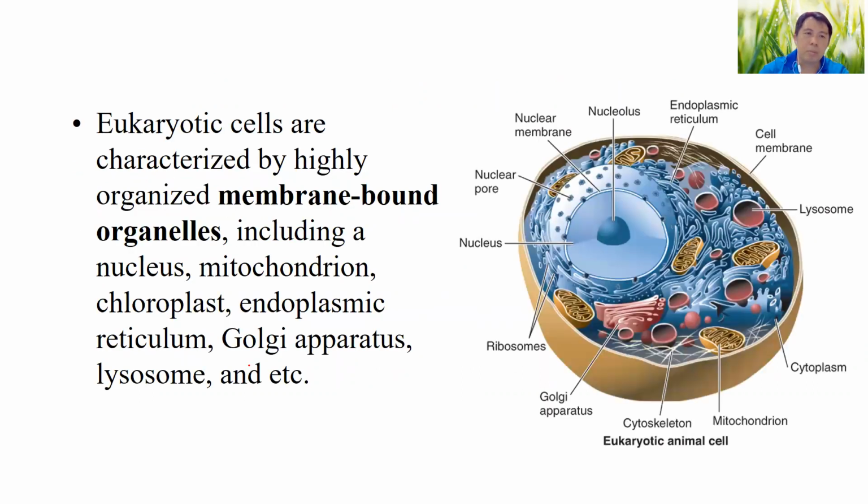As we say, the eukaryotic cells are characterized by highly organized membrane-bound organelles. That means only the eukaryotic cells have membrane-bound organelles, such as nucleus, mitochondrion, chloroplast, endoplasmic reticulum, Golgi apparatus, lysosome, and so on.